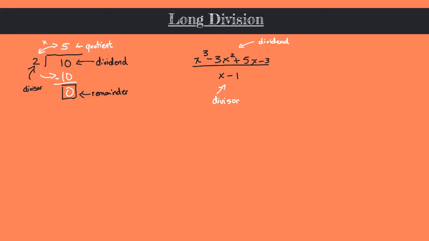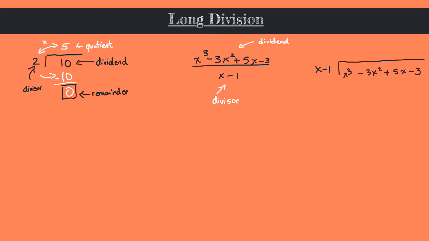Now, let's go ahead and set this up similar to how we would if we were in elementary school. Okay? So you have x minus 1, and then x cubed minus 3x squared plus 5x minus 3.